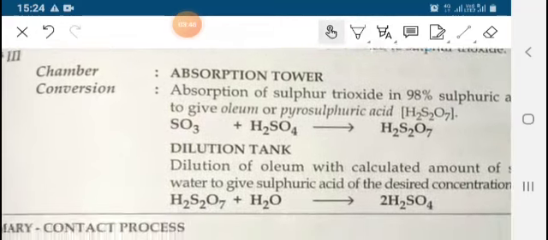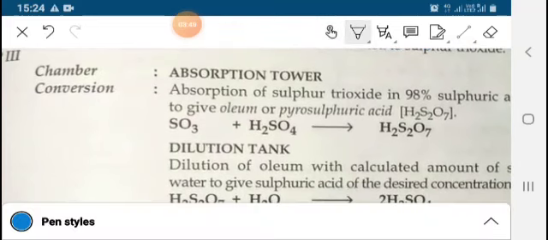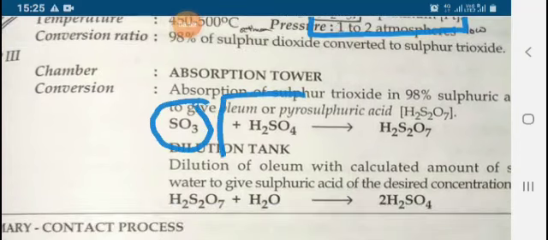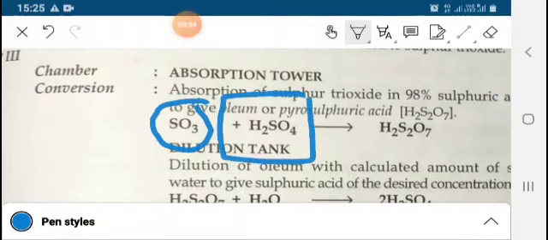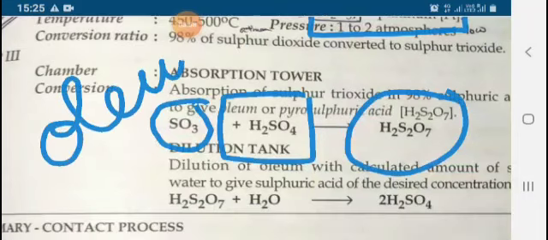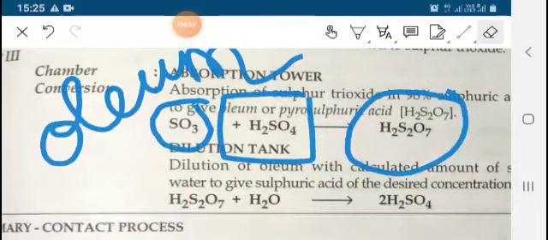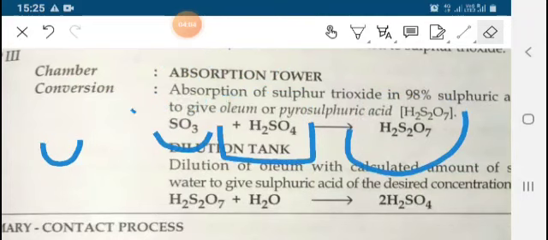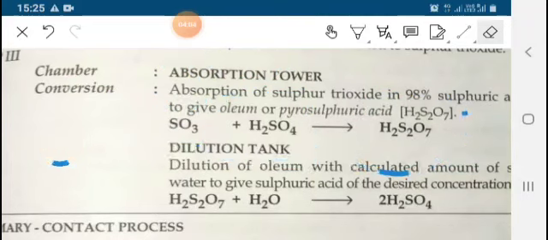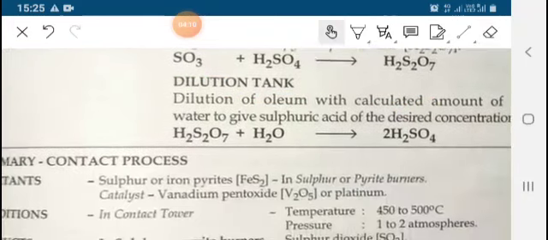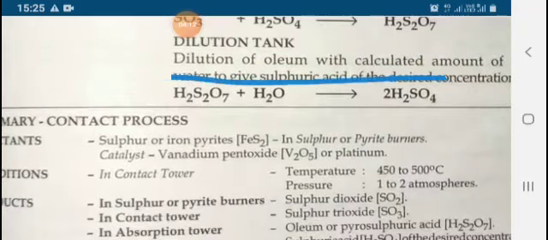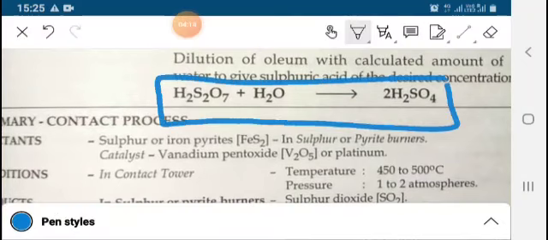Next is the absorption tower. After formation of SO3, some amount of sulfuric acid is passed and oleum is formed. The formula of oleum is important, that is H2S2O7. Oleum is further converted to sulfuric acid.